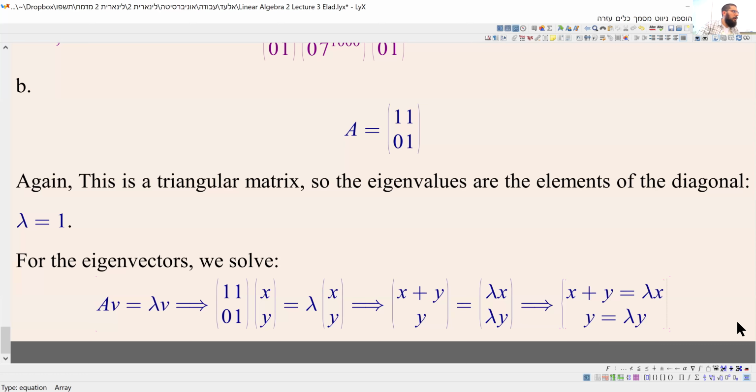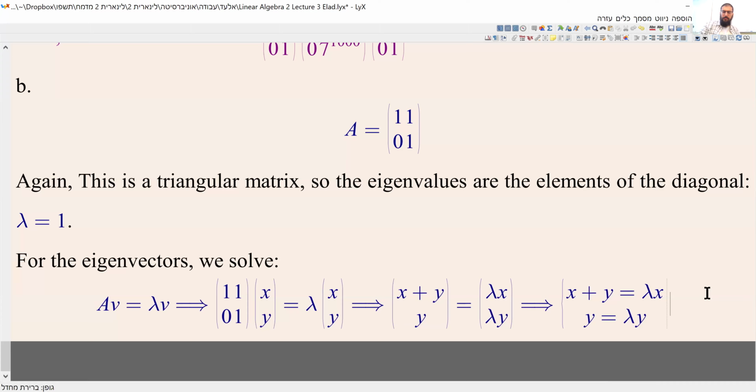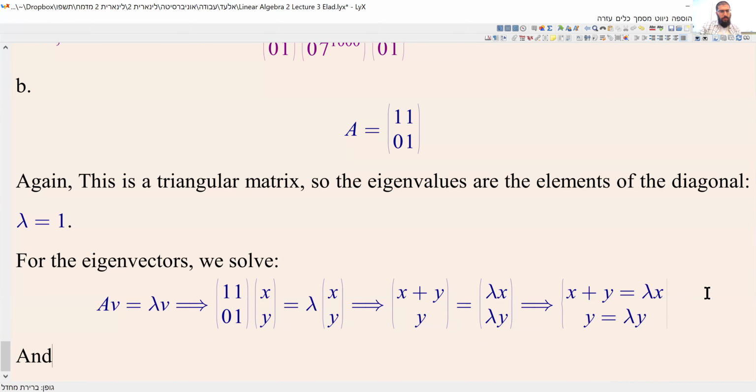Now we only have lambda equals 1 as an eigenvalue.